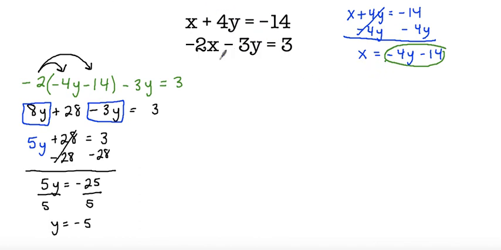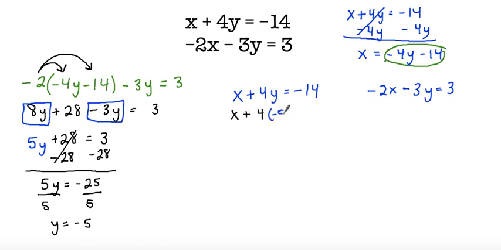So if we rewrite these two equations, we have x plus 4y is equal to negative 14, and we have negative 2x minus 3y is equal to 3. So we're substituting our y, so we end up with x plus 4 times negative 5 is equal to negative 14.